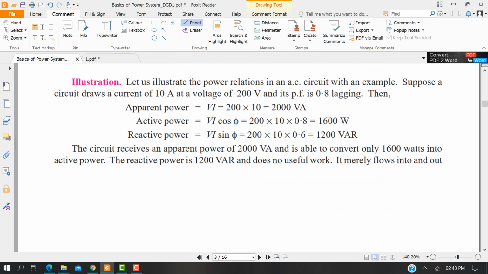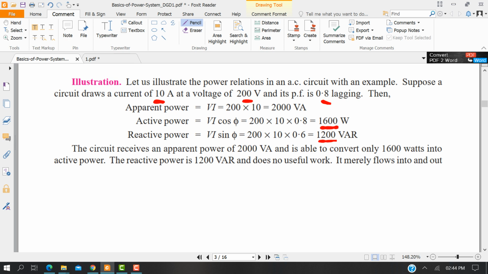I will show you another example. Here it says the current is 10 and the voltage is 200, power factor 0.8 lagging. What is the active power? Active power is VI cos theta, in watts. The reactive power is VI sin theta, which is 1200 volt ampere reactive.